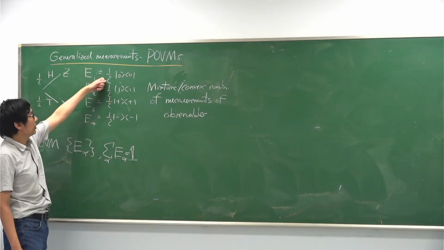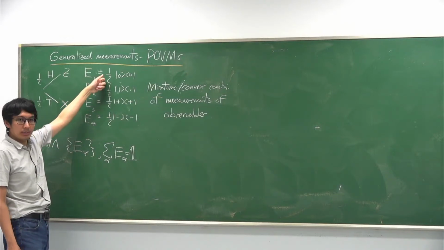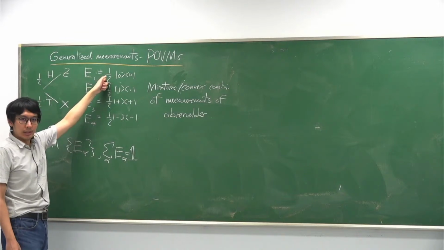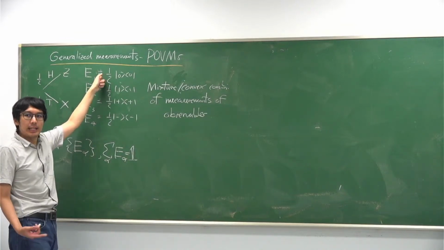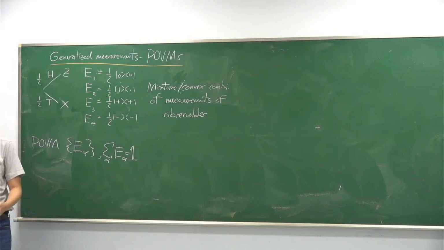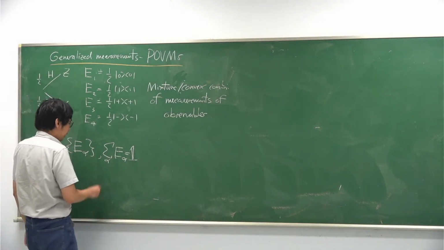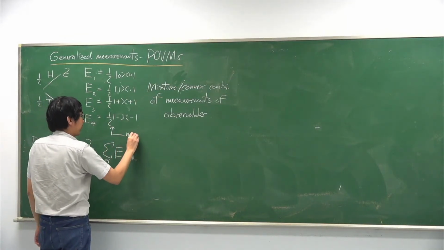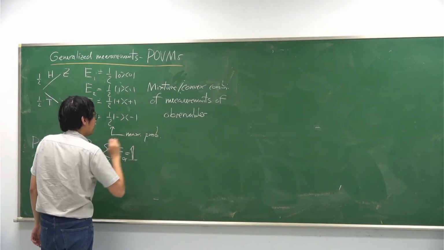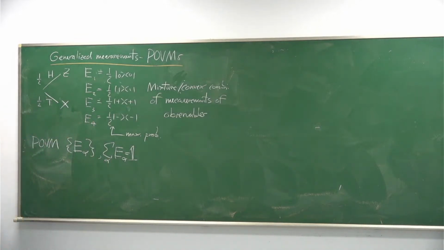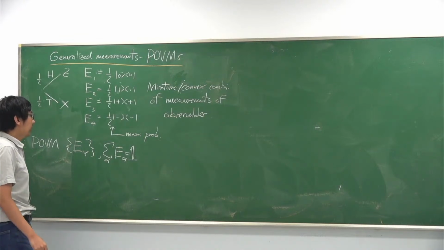For example, all of the POVM elements now are not projectors. They are scaled down projectors. A scaled projector is not necessarily a projector, because for a projector, you have to square to itself, and if you scale, then that's not true anymore. But here the scaling signifies the maximum probabilities that you could obtain for any given state of the system.